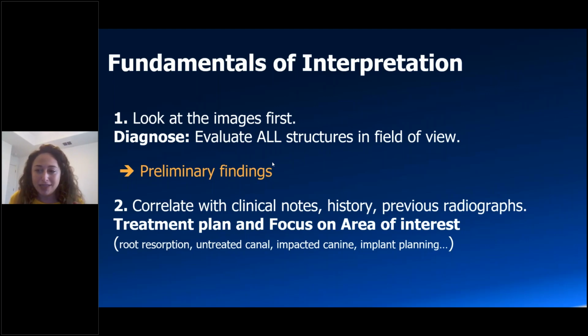because we are biased, in a busy office, knowing that you have limited time, you'll probably not spend enough time scrolling through that scan. So when we're addressing goal number one, what we're doing is just asking ourselves, what else do I see? Yes, I see that big lesion on tooth number 30.